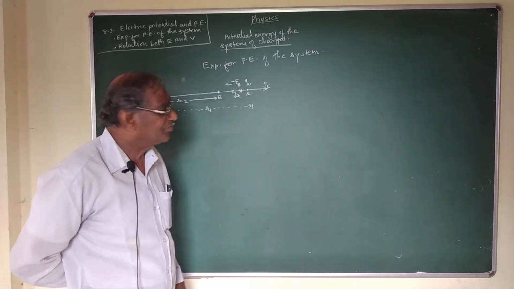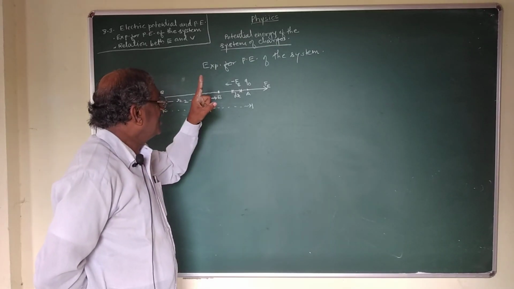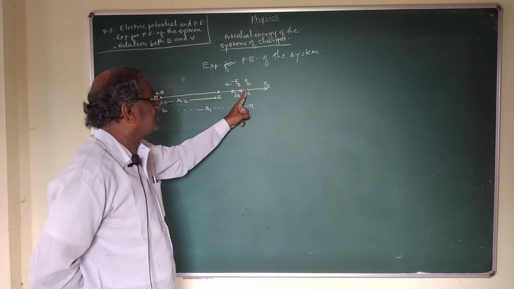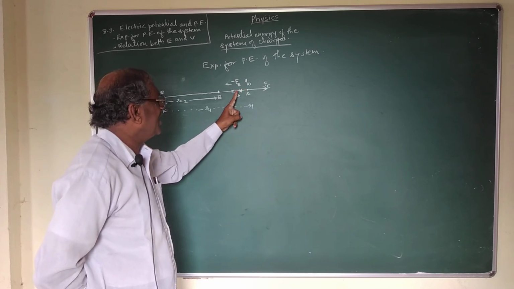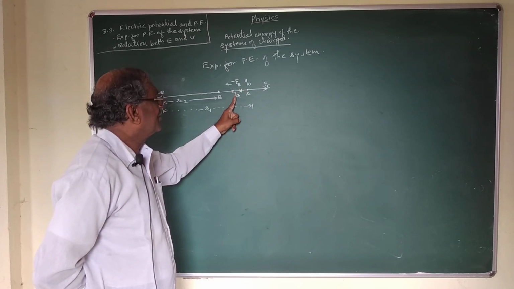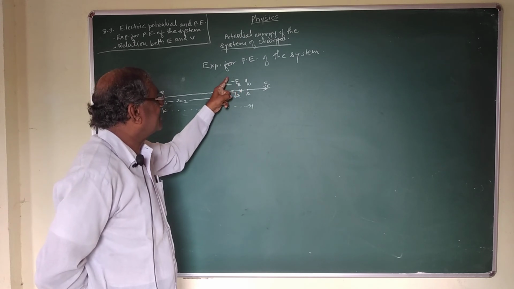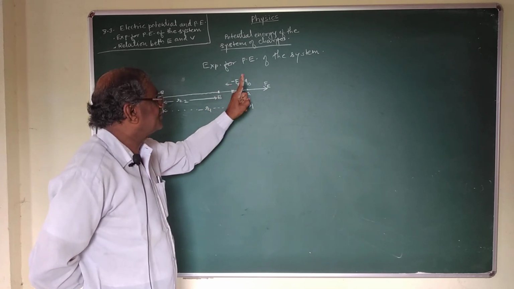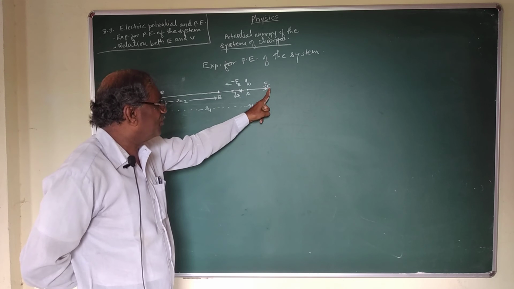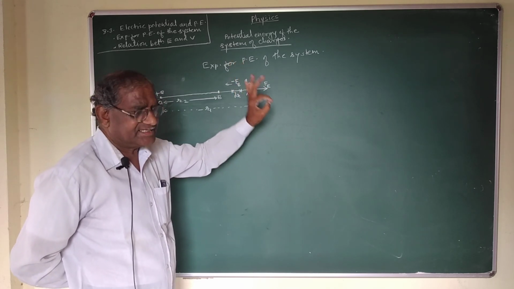What do we have to do? In order to move the Q0 charge through a very small distance dr, we have to apply an external force of the same magnitude as this force but in the opposite direction.